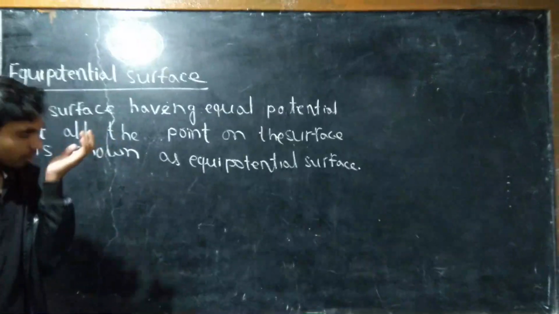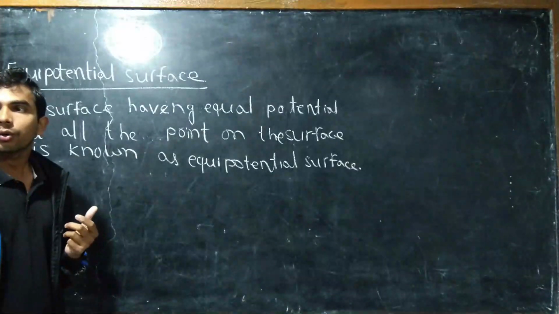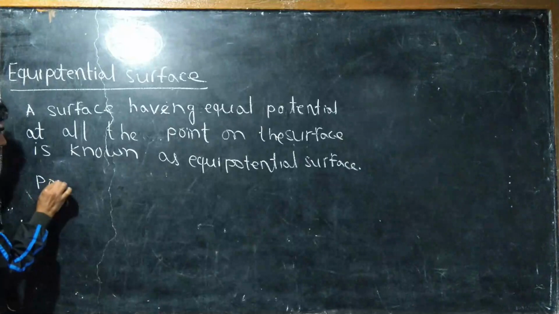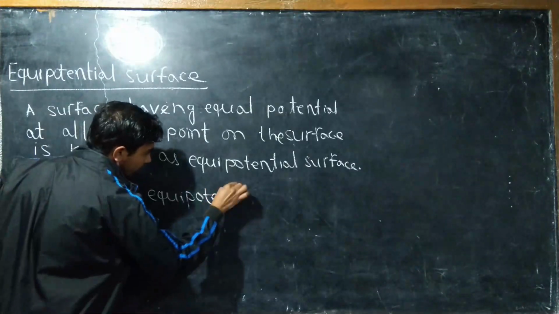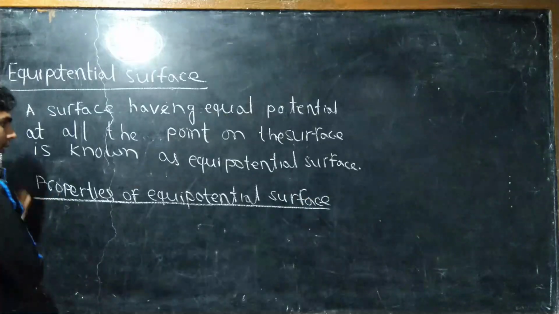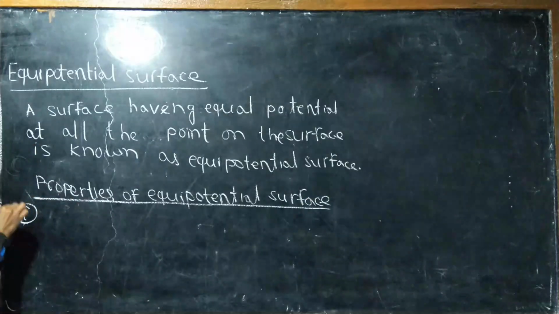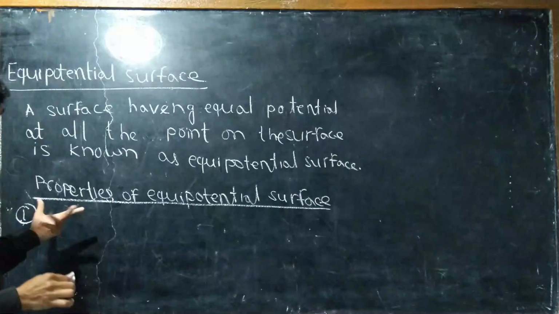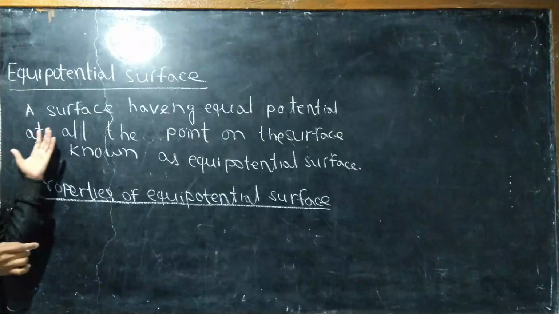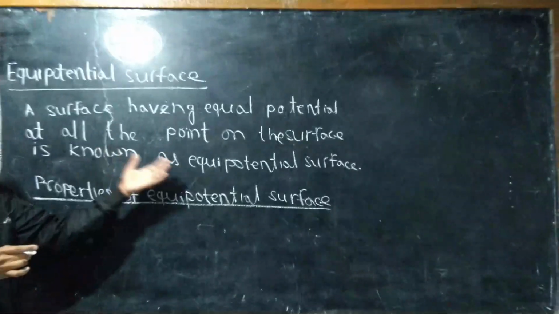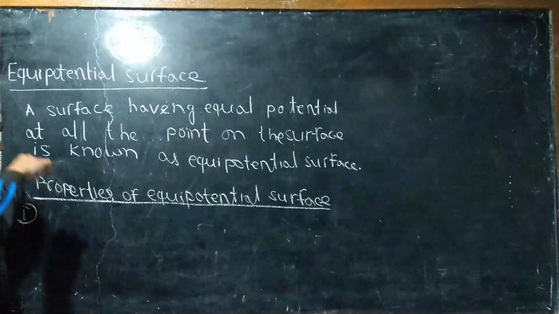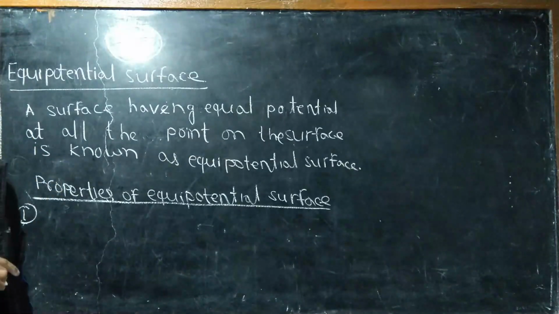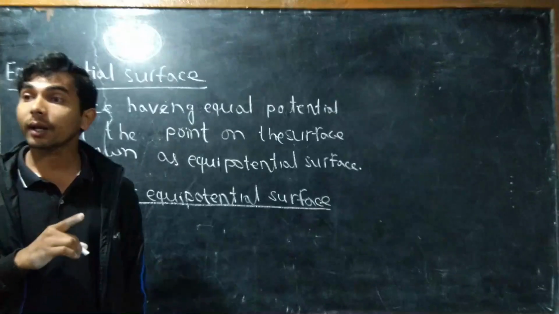Next I am going to write the properties of equipotential surface. The first point: potential is equal at all the points of the surface. The first property is about electric field and electric field lines.